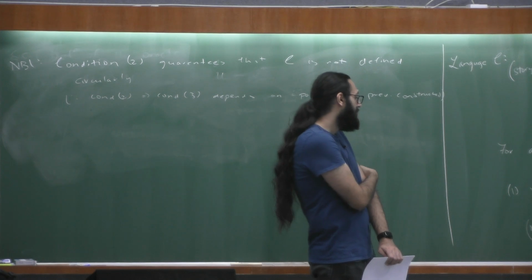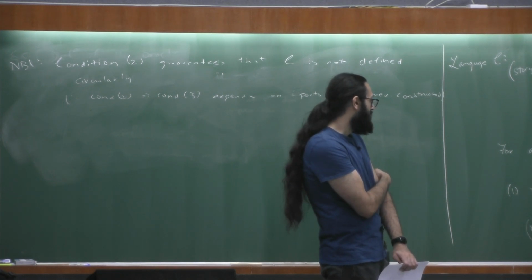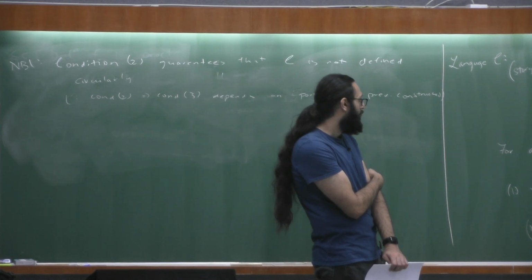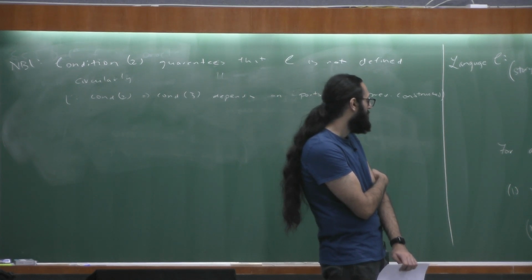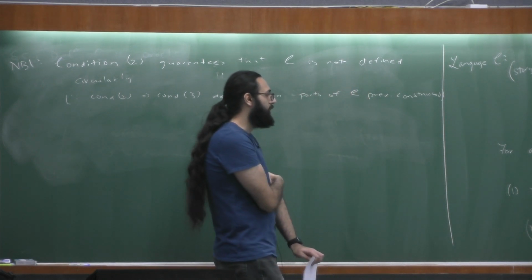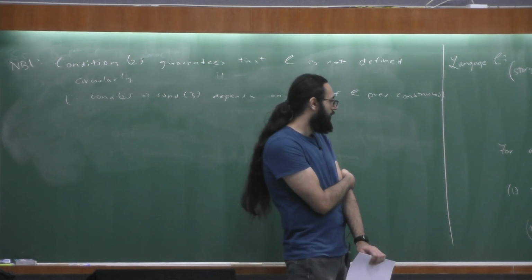But since it's a language, it should be defined for all x. Doesn't it only mean that you cannot query C? No, it's not a promise problem. It's a language, so you can query it at all x's, and it will have a 0, 1 output.